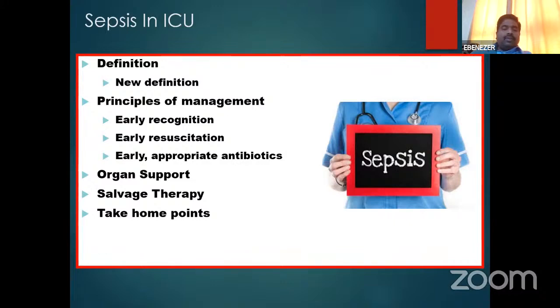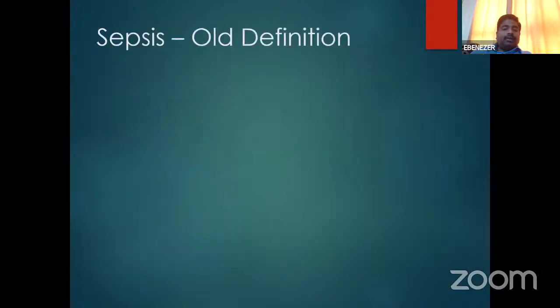As you do all these, early recognition, early resuscitation, and appropriate antibiotics, how do you support the various organs? As well as salvage therapy. Sometimes you have to salvage the patient when the patient is not doing that well. So finally, we will go to some take-home points.